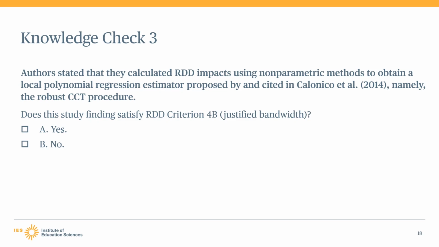Does this study satisfy RDD criterion 4B? Namely, does the study finding use a local regression or related nonparametric approach with impacts estimated in a justified bandwidth? Your choices are A, yes, or B, no. You may want to pause the video now to think about your answer.